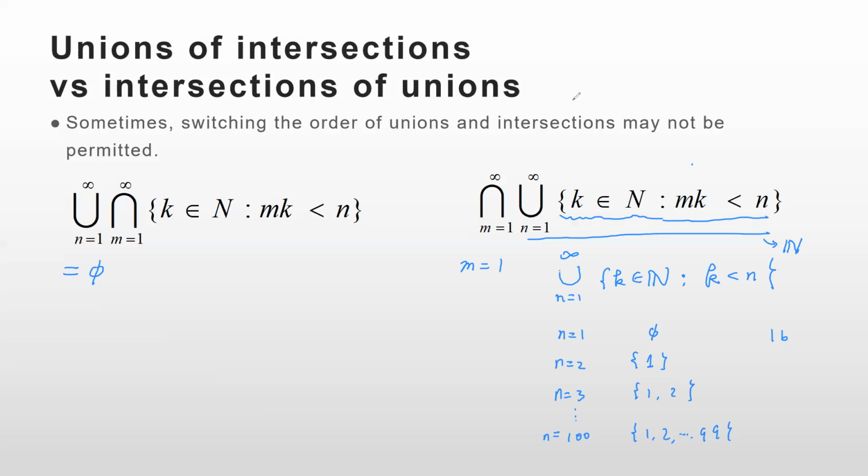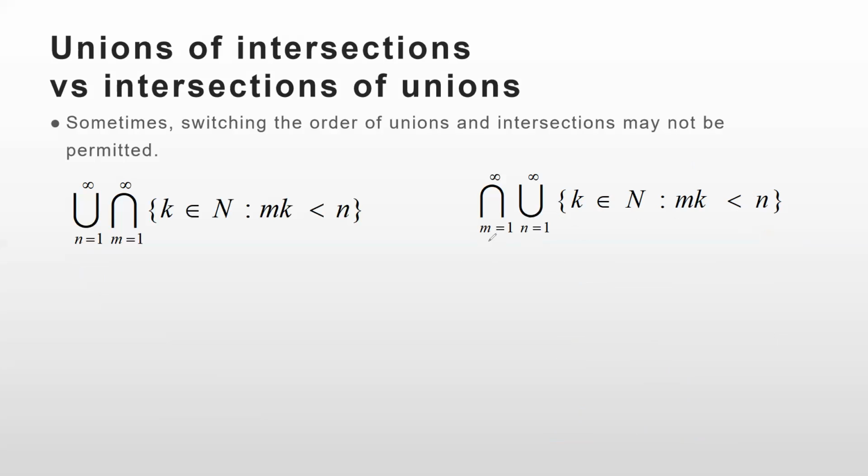So what we said here is that for every fixed m, this set is simply the set of natural numbers. So the intersection over all m would be just the natural numbers. So we conclude that this one is the set of all natural numbers, and the other set is empty. So they're not equal.